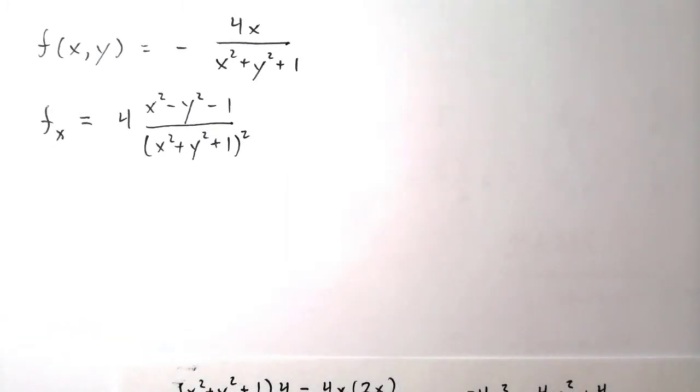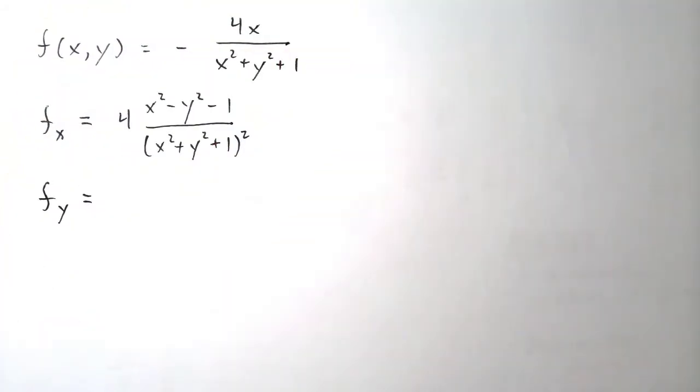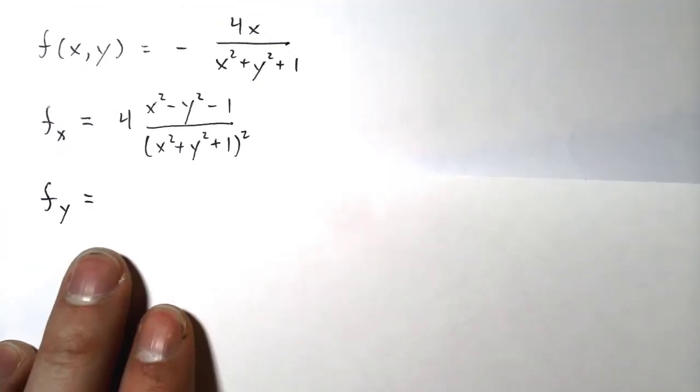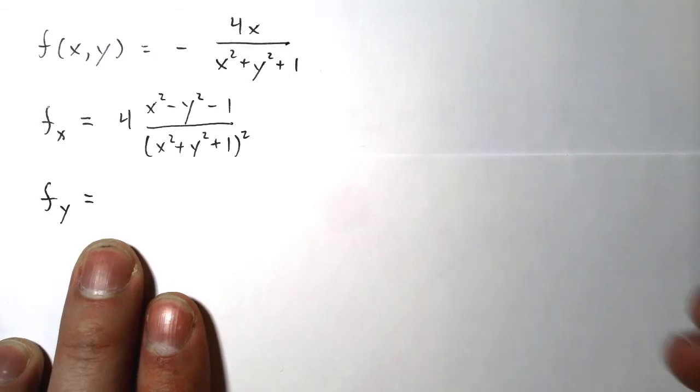Okay, so now let's compute fy. What does fy equal? Again, we'll use the quotient rule. Let me do this on a separate sheet, and then we'll write it in after we do all that messy work.